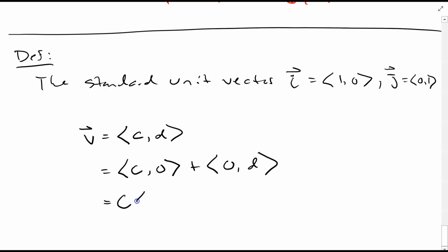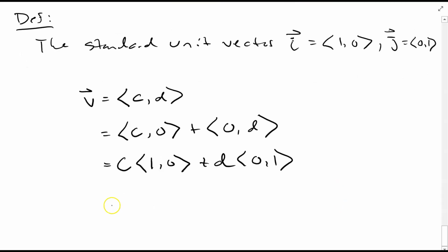And I can pull off a c from the first vector and a d from the second vector. Since the other component is 0, if I scalar multiply the c or the d through, it only changes the one component. Everybody okay with that idea? And what you see there staring at you is our vector i and our vector j.